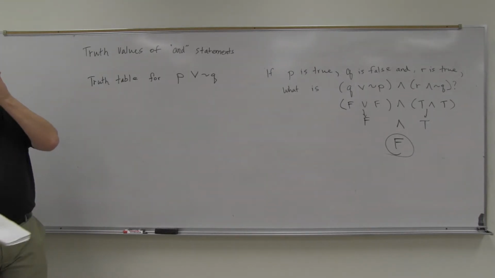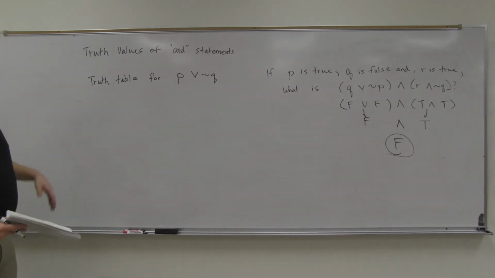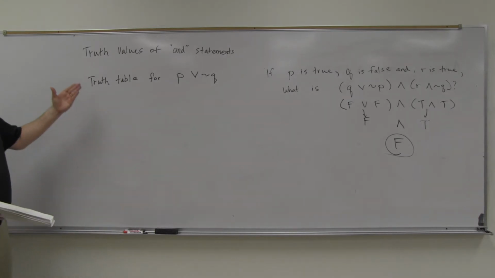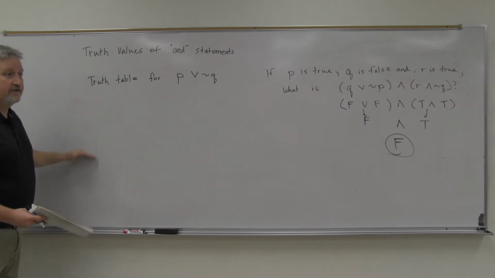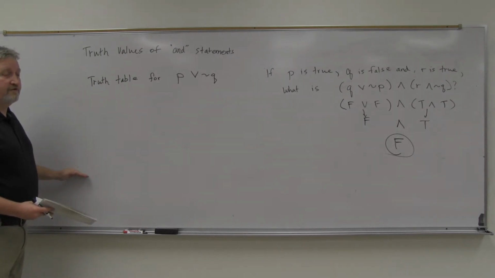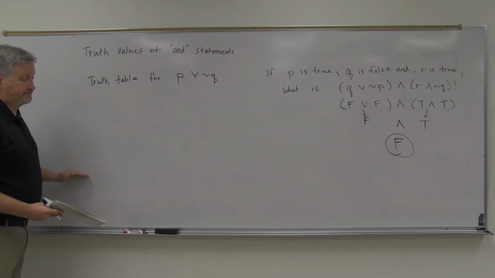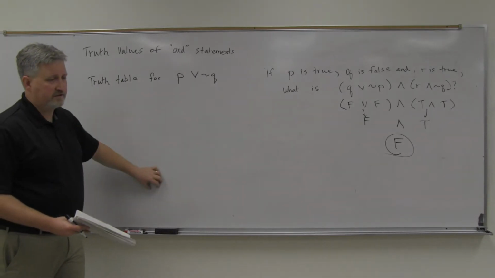We'll do one with parentheses next. But all right, so what do we mean by the truth table? Well, the truth table is what I had here earlier. I had all the true and falses listed out, and then over here the truth values.